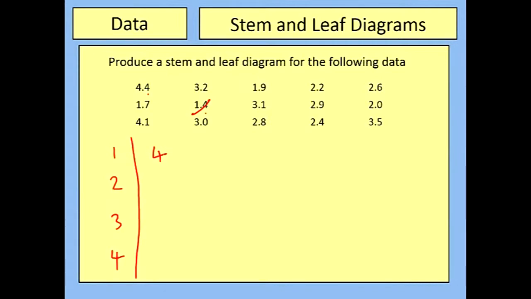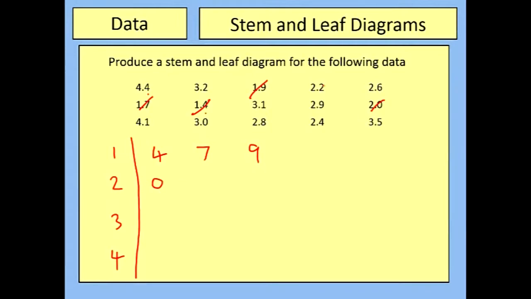So this is 1.4. I've got a 1.7, so I need to put a 7 here, and a 9, so that's 1.9. So these numbers are 1.4, 1.7, and 1.9, not 14, 17, and 19. And I'll do that by showing the key later on. So let's have in the 2s, well, we've got 2.0, so that goes here.